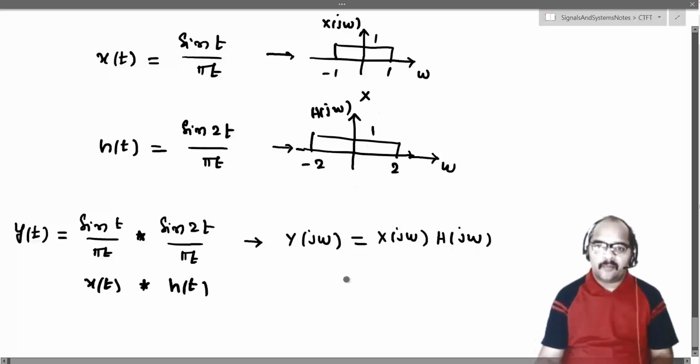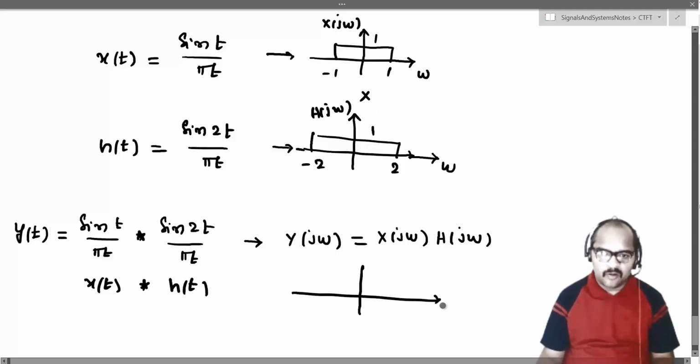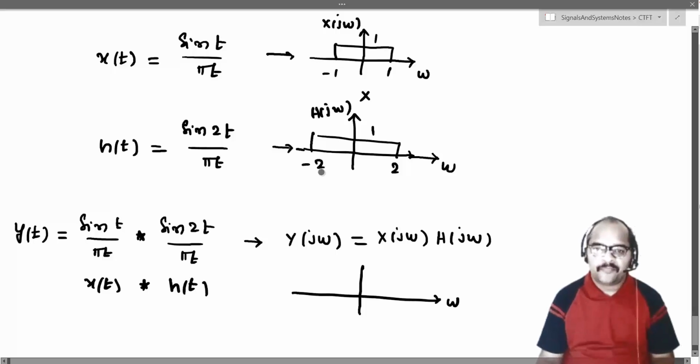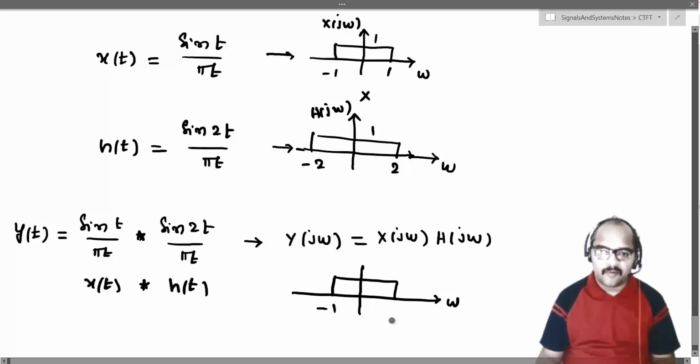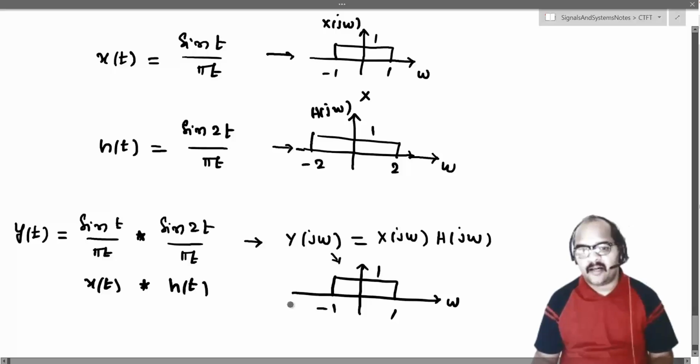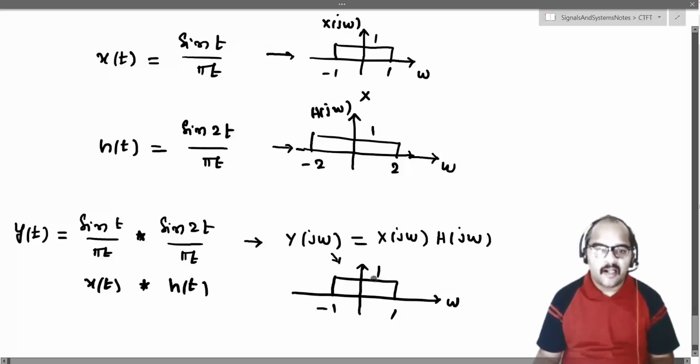So we have to multiply these two signals. How does the plot look? We already know how to multiply signals. This is a rectangular signal from -1 to +1, and this is a rectangular signal from -2 to +2. If you multiply, you get another rectangle from -1 to +1. So our y of j omega is a rectangular function from -1 to +1 with amplitude 1.